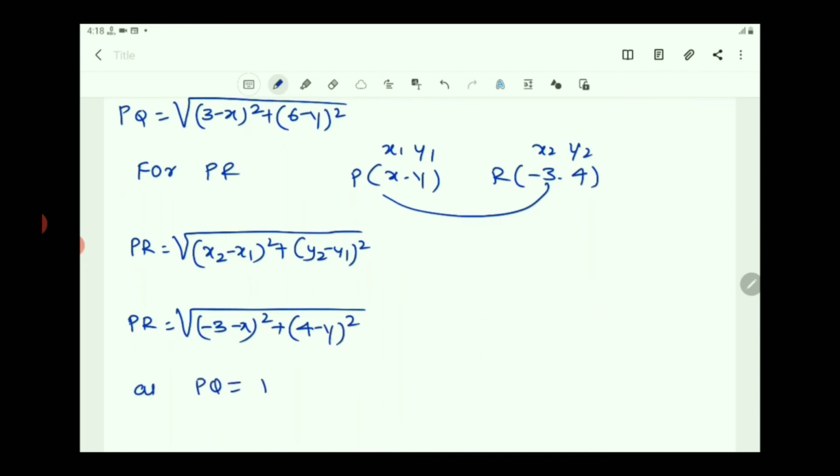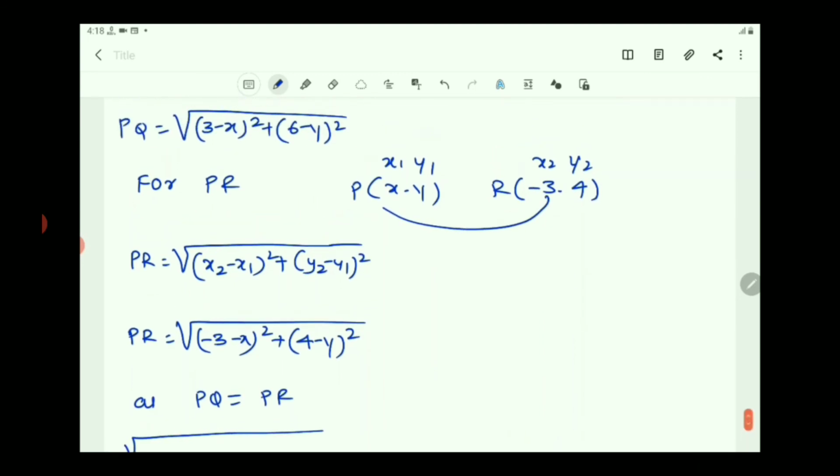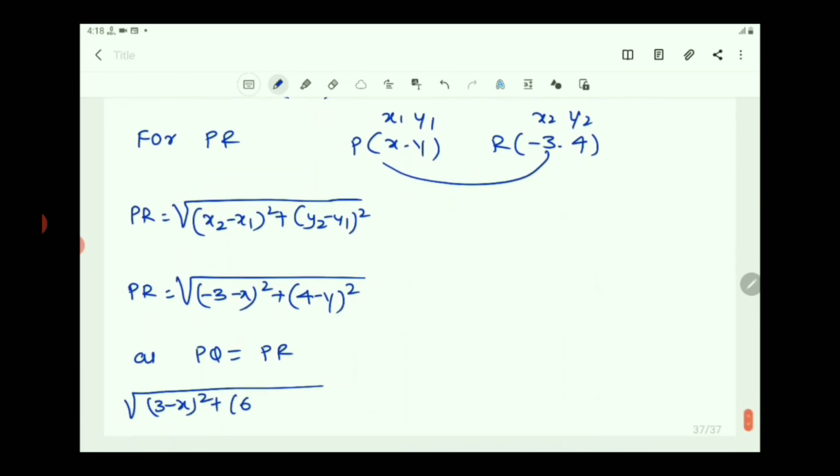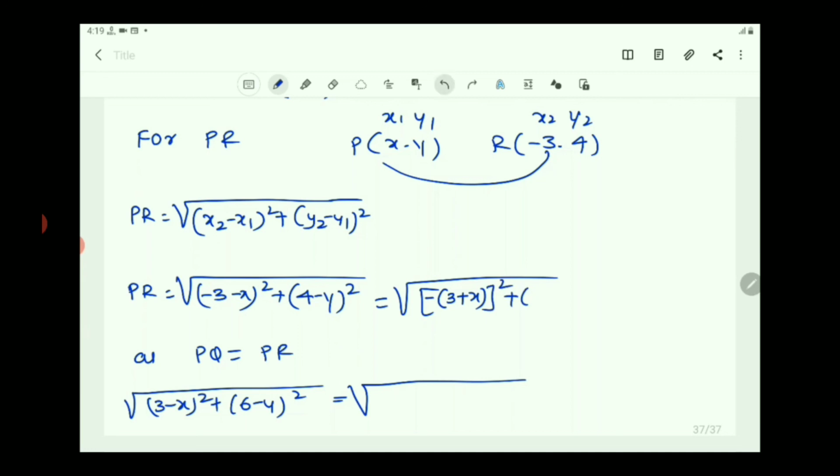As PQ equals PR, you take square root of (3 minus x) whole square plus (6 minus y) whole square equals square root of... So this one, you can write minus 3 minus x, you can remove minus outside, that becomes (3 plus x) whole square plus (4 minus y) whole square, otherwise it becomes confusing for you.